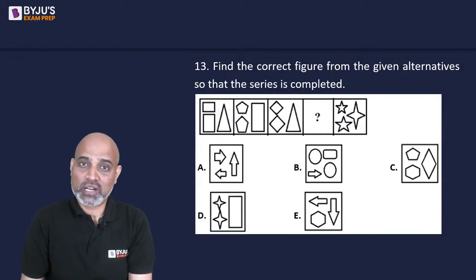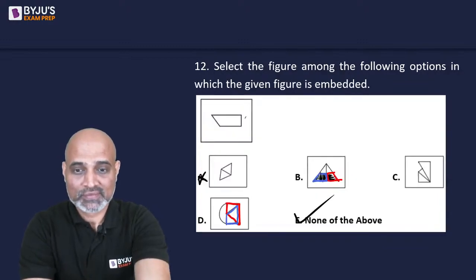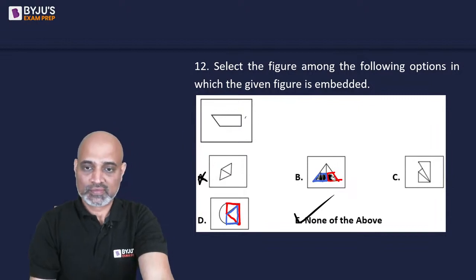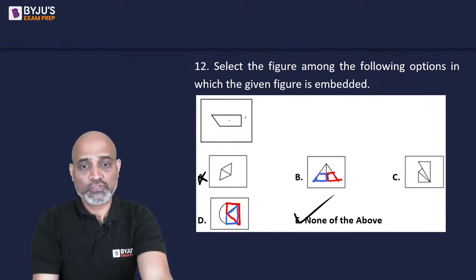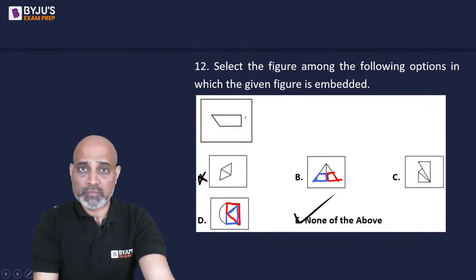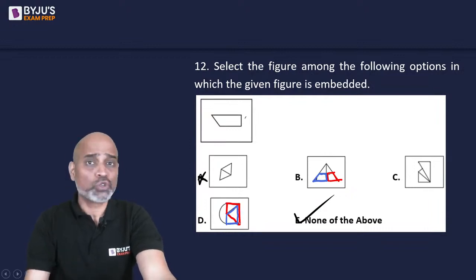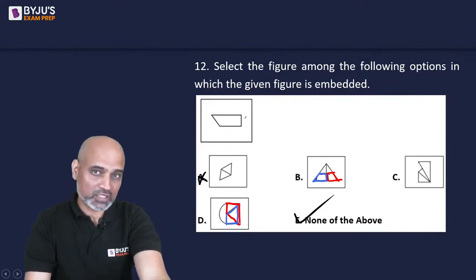But which one will you mark, B or D? That is the problem. Here also you have the trapeziums, isn't it? So if you find the trapezium here, you will say B. If you find the trapezium in D option, you will say D. दोनों में दिख रहा है, पर दोनों नहीं मार्क कर सकते ना, और दो ऑप्शन सही भी नहीं हो सकते.